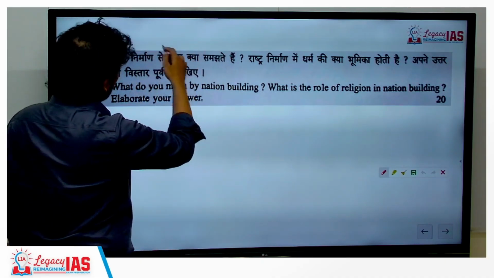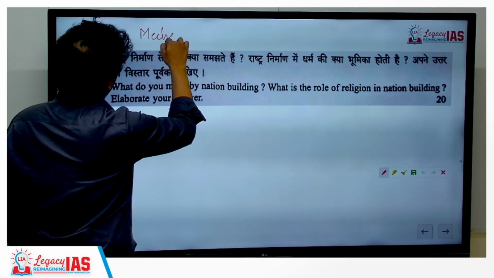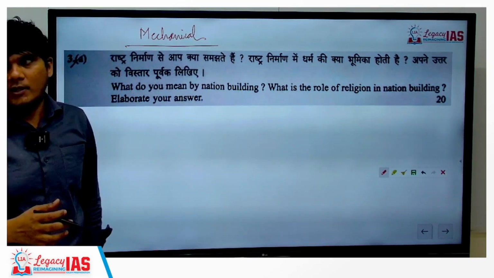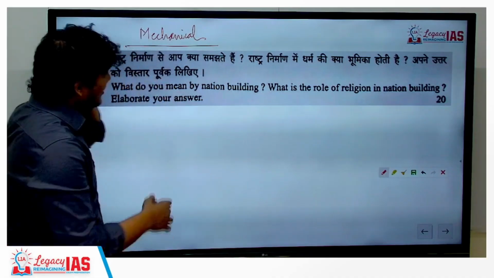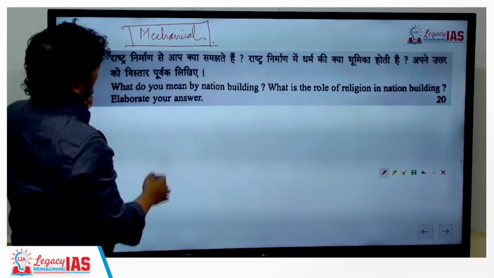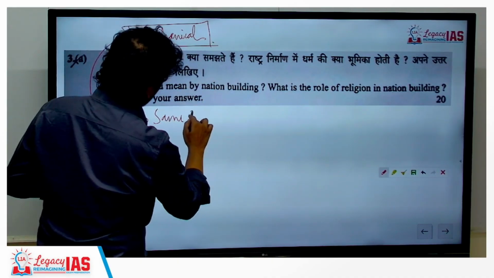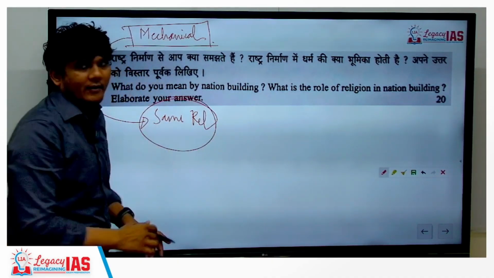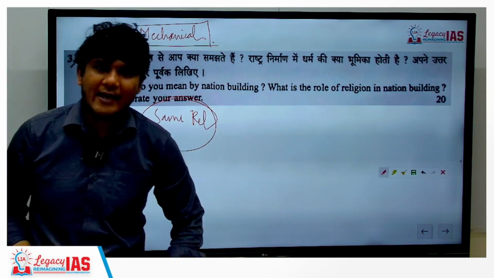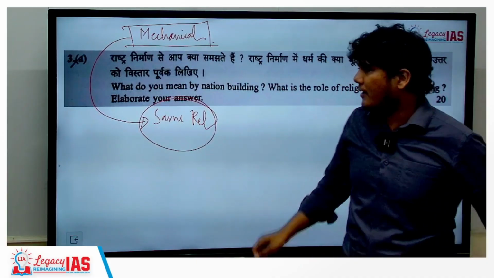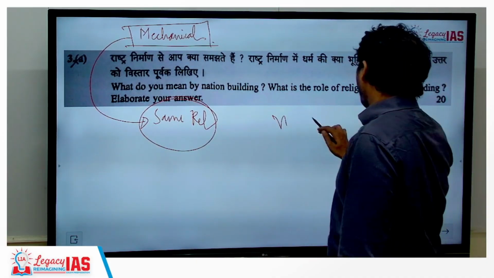First, you can talk about mechanical solidarity. Mechanical solidarity exists where the religions are homogeneous, that means everyone belongs to the same religion. So they will have mechanical solidarity. But India does not have a single religion; we have various religions.